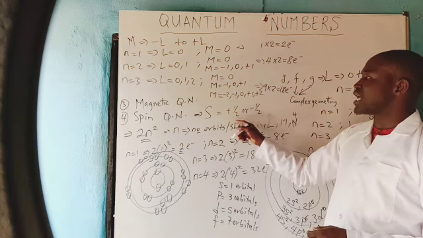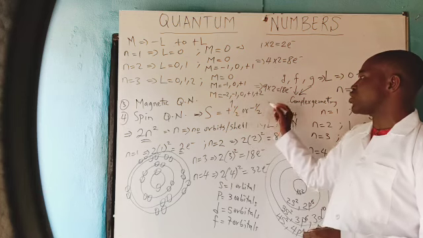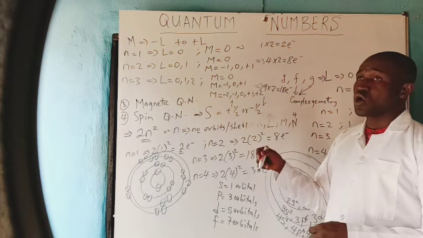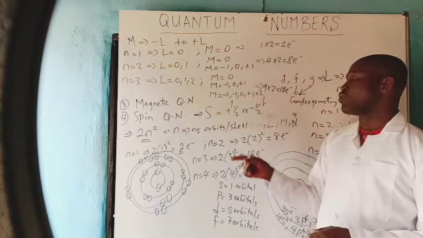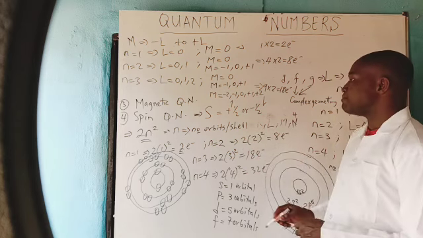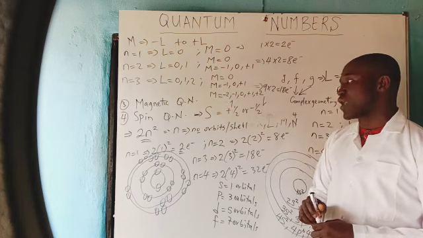We use plus half when we are talking about upward spin, and minus half for downward spin. This is where we go into Hund's rule to see how we can assign these spins. Okay, that is about these 4 quantum numbers we have.